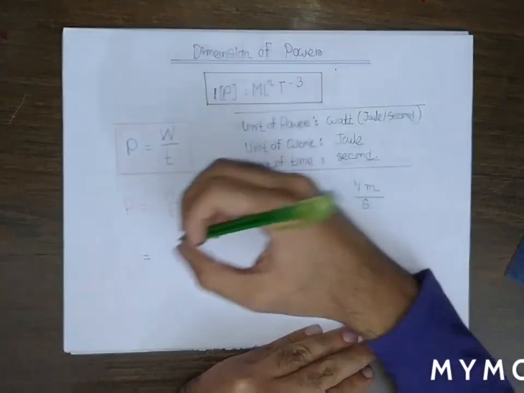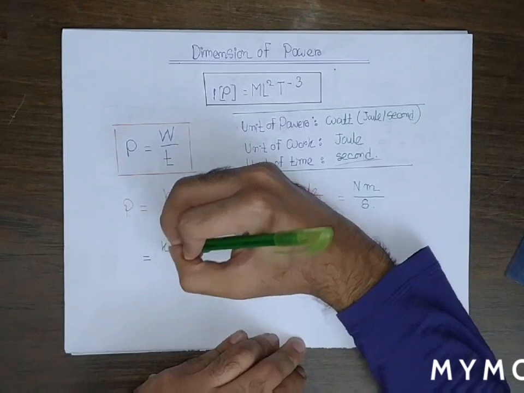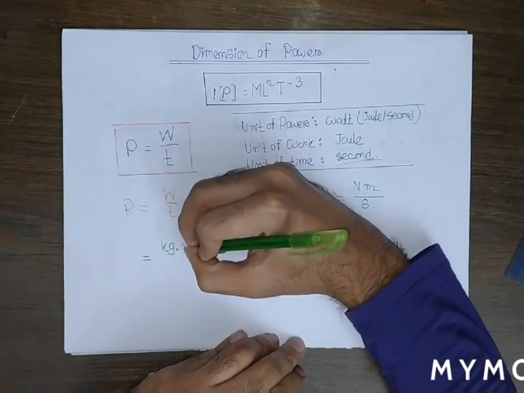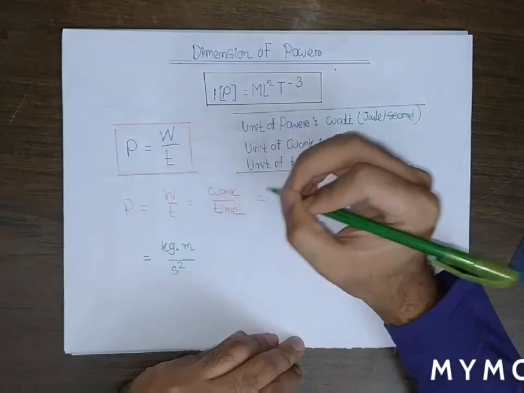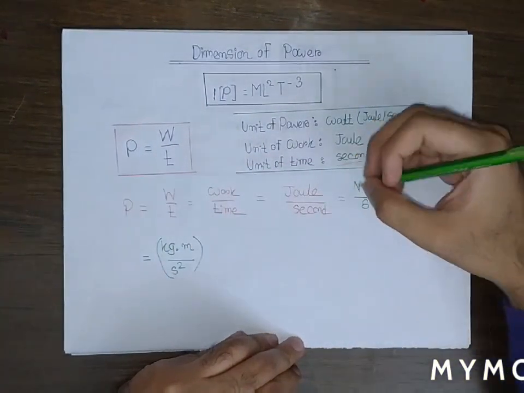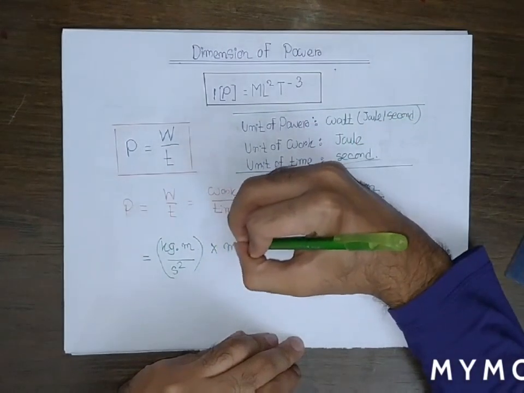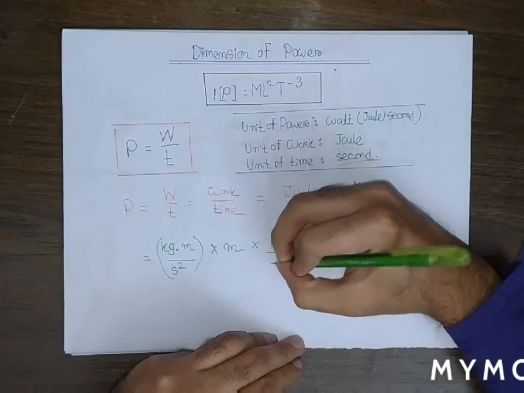Now we will break Newton. Newton equals to kg meter per second square, then multiplied by meter, then divided by second.